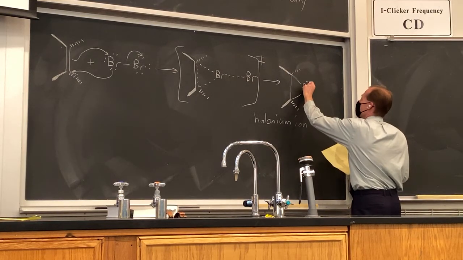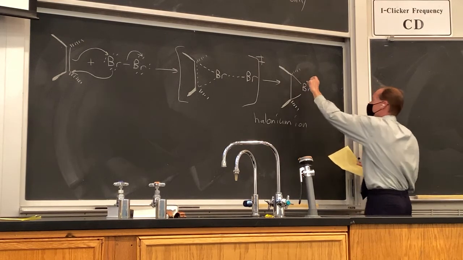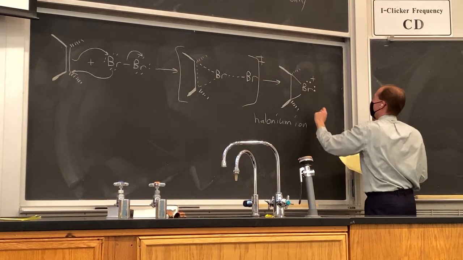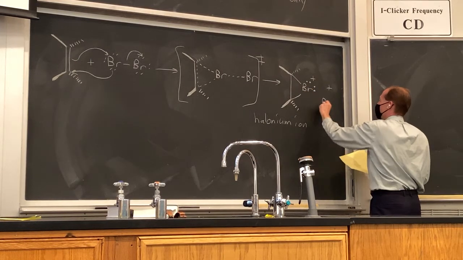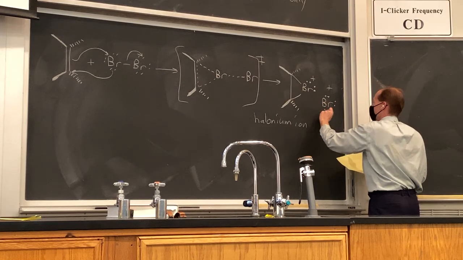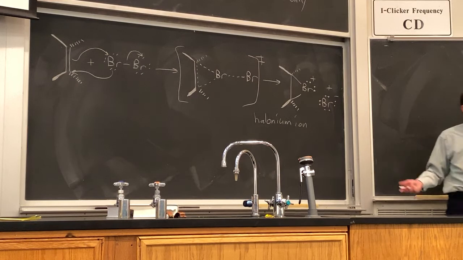The bromine has two bonds and two lone pairs, so that means it has a positive charge on it. Okay, and then we also form bromide. Okay, Br minus. All right.